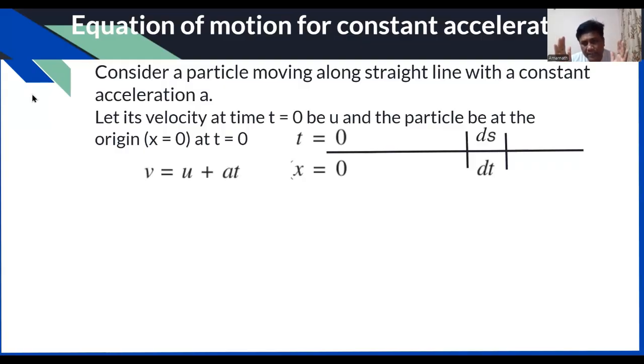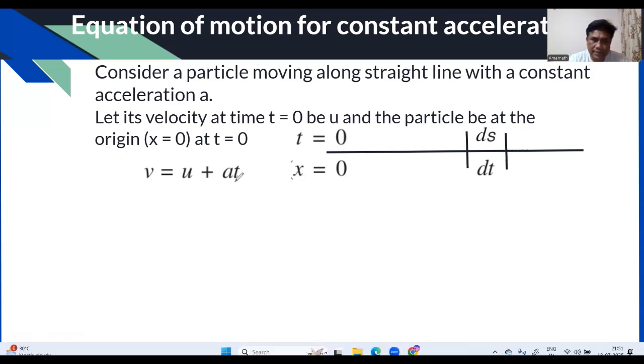But I need to calculate the total displacement covered. I know that v equal to u plus at. u is constant because it is the initial velocity, but v is variable. At different t, the velocity will be different.